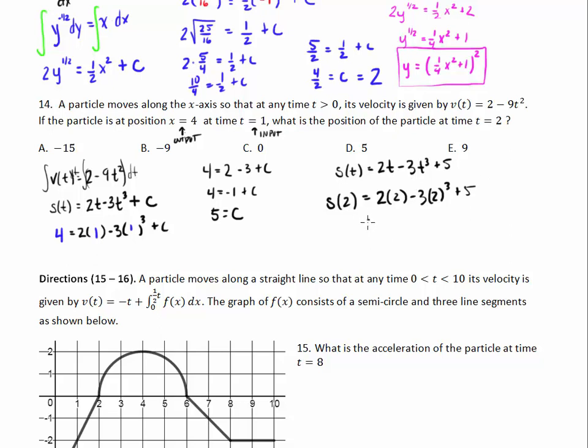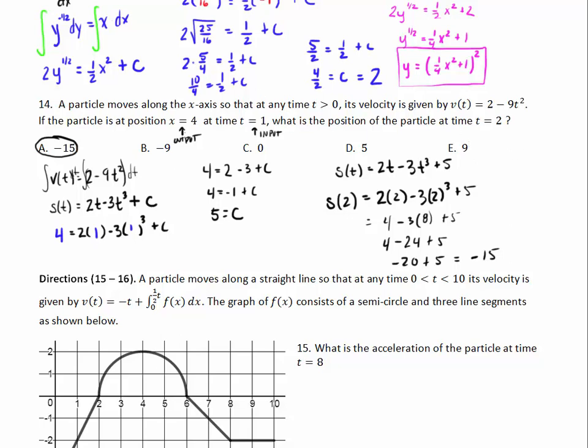So we get 4 minus 3 times 8 plus 5. So 4 minus 24 plus 5. 4 subtract 24 is negative 20, and negative 20 plus 5 is negative 15. So we are at position negative 15 at time t equals 2.